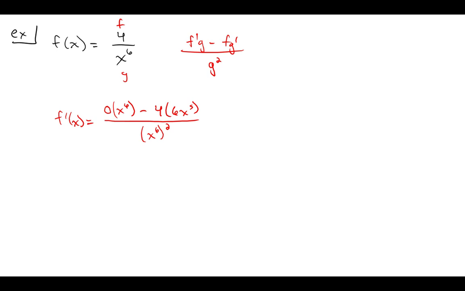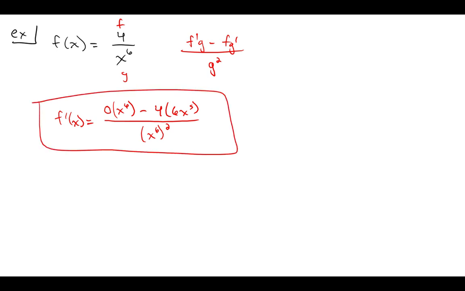And you can leave it here for this. But if you were to simplify this, that first term would actually just go away. It would just be 0 minus 24x to the 5th over x to the 12th. And then you would reduce it from there. But again, it's important that you put that 0 because that will make that x squared go away.